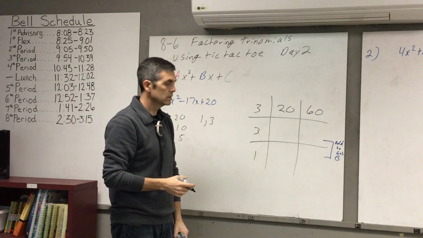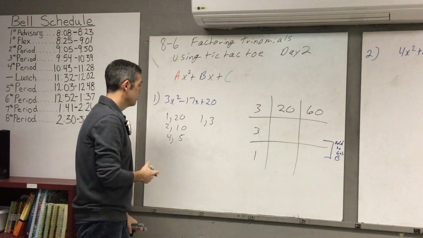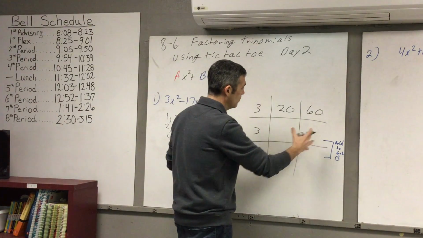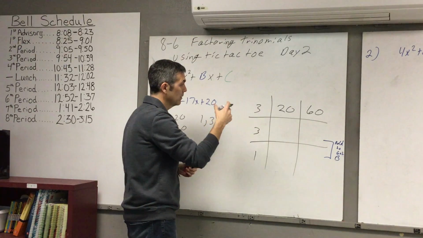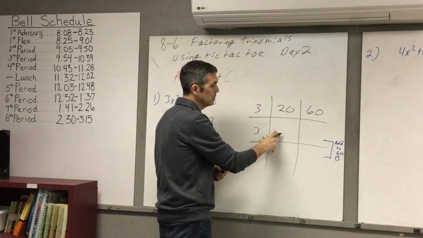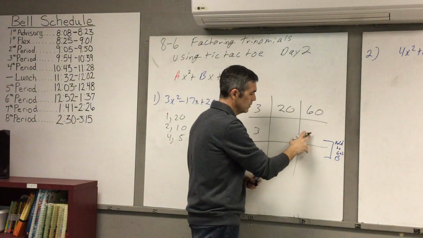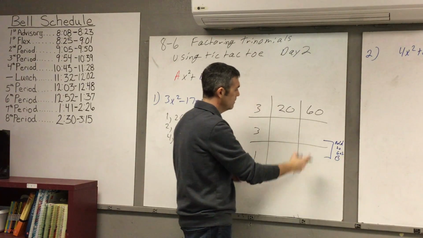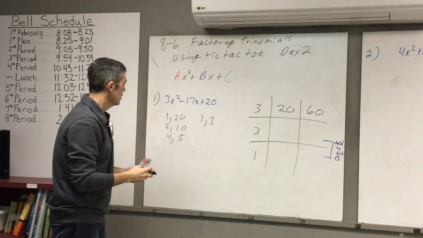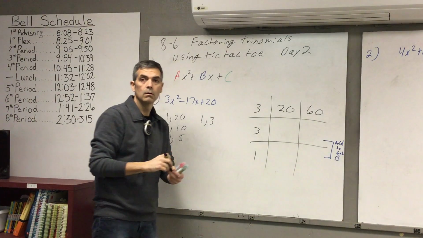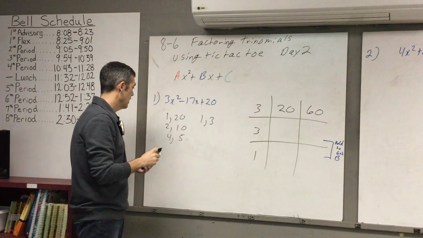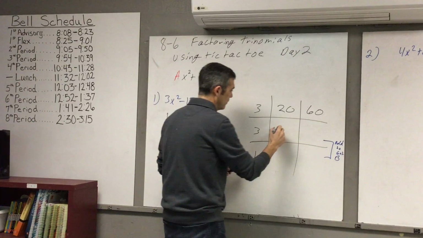That's really what we're looking at doing: figuring out what two numbers go here, and then we look at these two numbers, see which ones add up, and go from there. All right, so 4 and 5. Let's do 4 and 5.